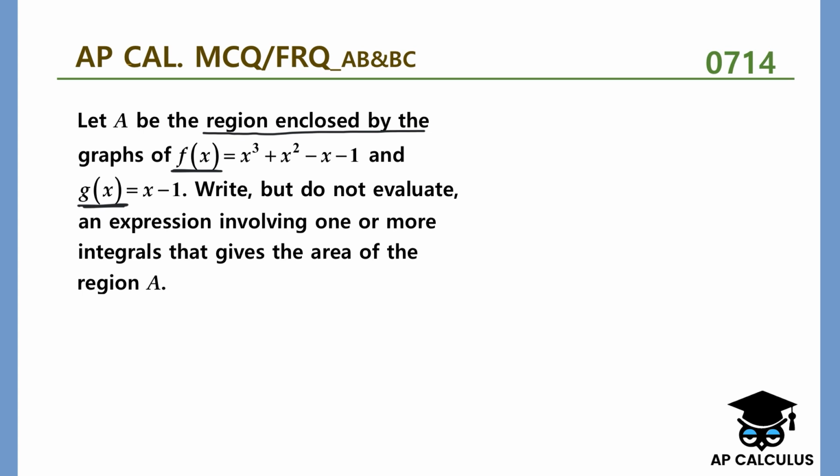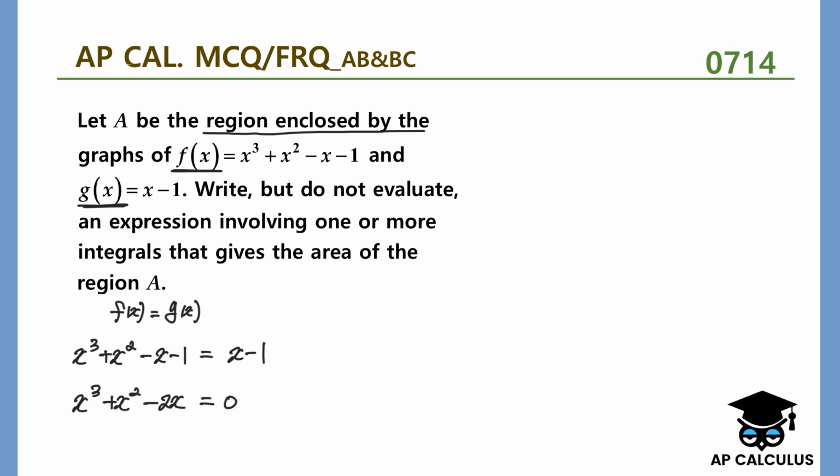So let f of x be equal to g of x. F of x is equal to x cubed plus x squared minus x minus 1. G of x is equal to x minus 1, right? So if we solve this equation, x cubed plus x squared minus 2x is equal to 0, right? This -1 cancels out.